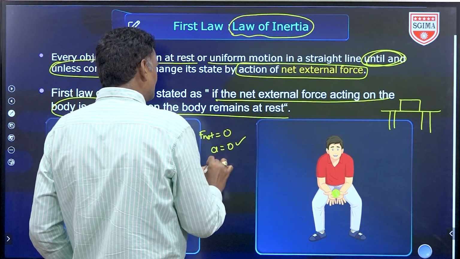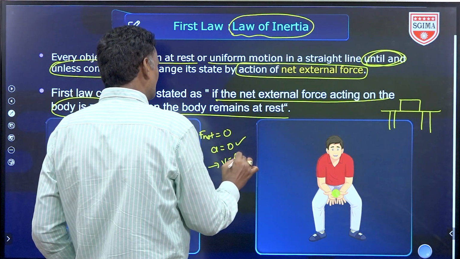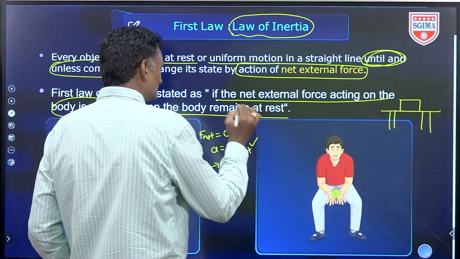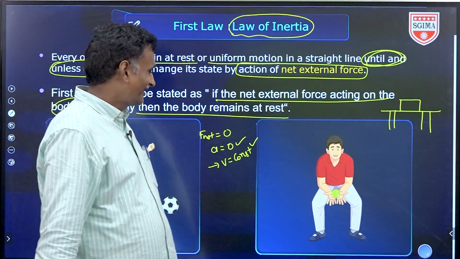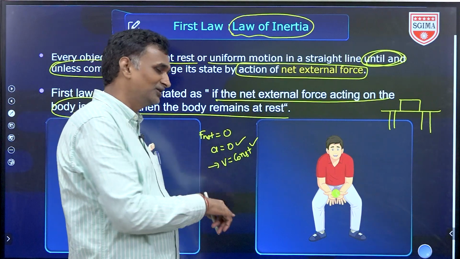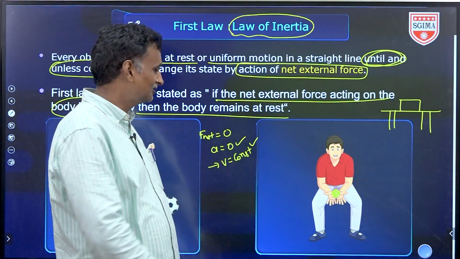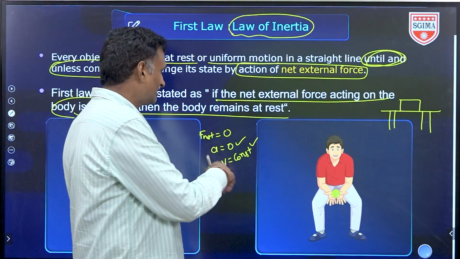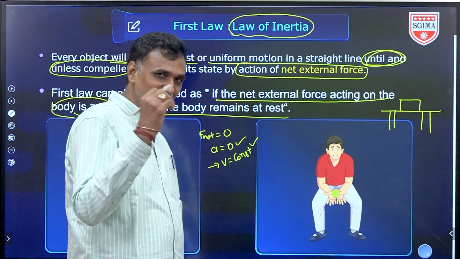But here, 0 acceleration explains that velocity is constant also. You need to remember, that acceleration 0 means velocity is also constant. And the velocity may be 0, so two conditions will come. Velocity 0 is when it is at rest.